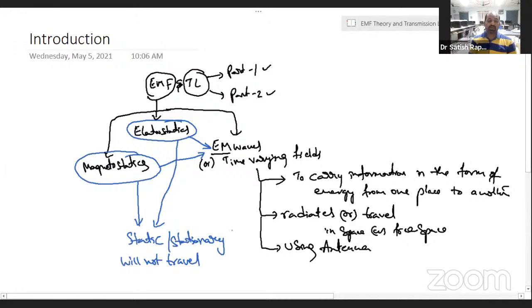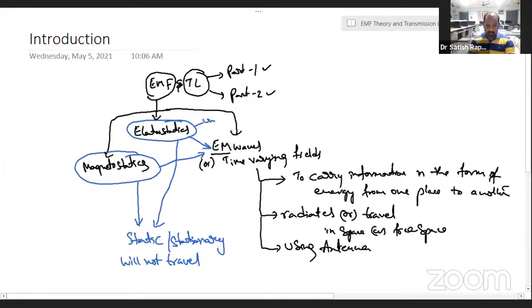Whenever electric and magnetic fields are combined together, then they will travel. So electric field alone is static, magnetic field alone is static. Therefore, electrostatics and magnetostatics.